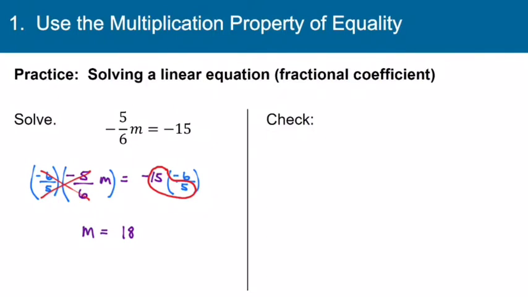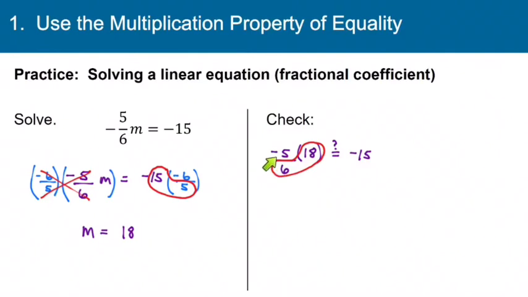Let's check that solution. So we'll say negative 5/6 times 18 is equal to negative 15. And remember, nobody expects you to have to work out 5 times 18. Instead, a better strategy, again, is to do the simplifying first. So we notice that 18 divided by 6 is going to make positive 3.